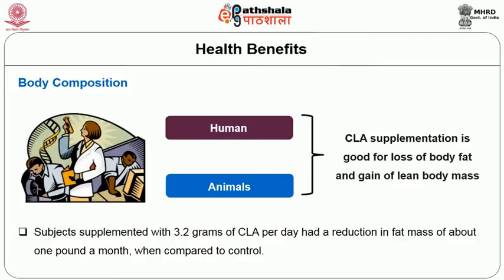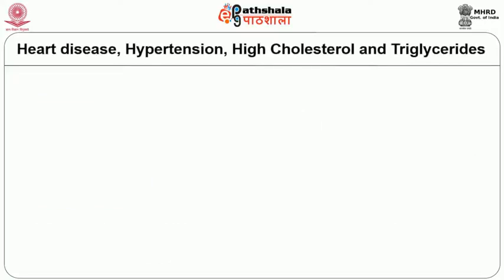So you look at this. A very effective treatment has been shown in human subjects: by just consuming 3.2 grams of conjugated linoleic acid every day, you could reduce the fat mass, and you can reduce the weight also by increasing the lean body mass.